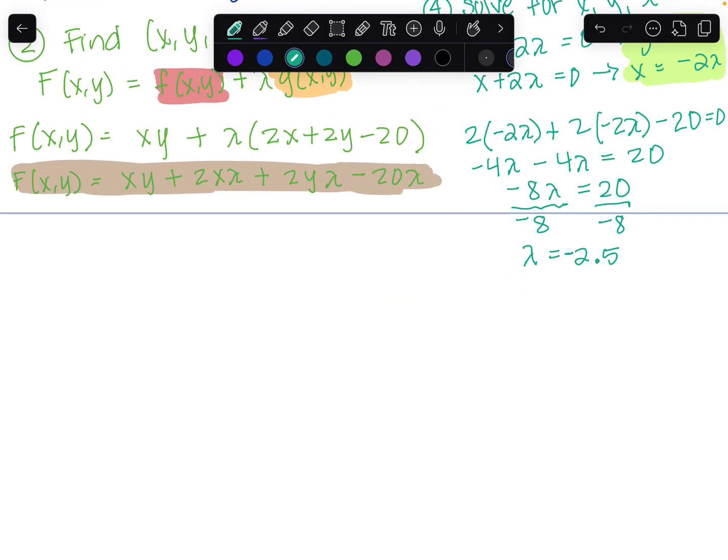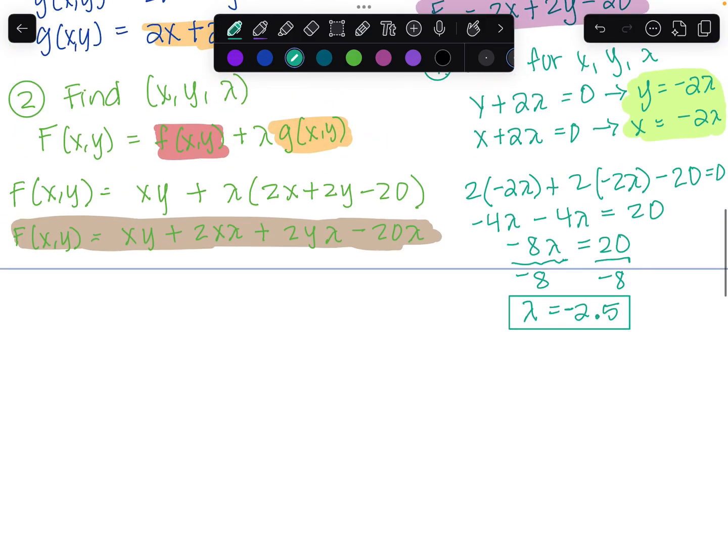Now, we're going to plug this negative 2.5 back into y equals negative 2 lambda. So y equals negative 2 times negative 2.5. So y equals 5.